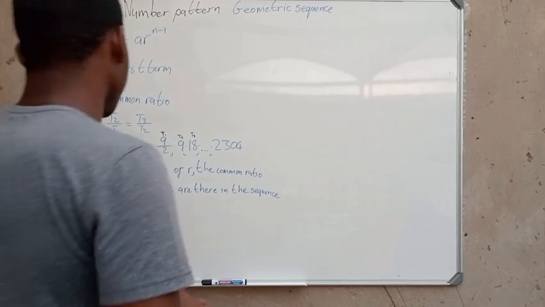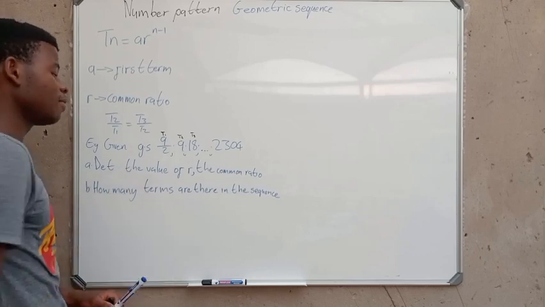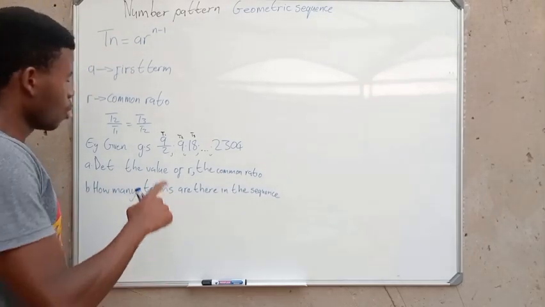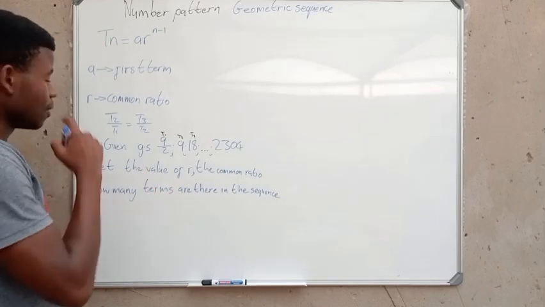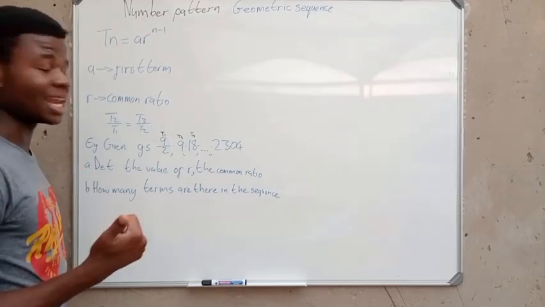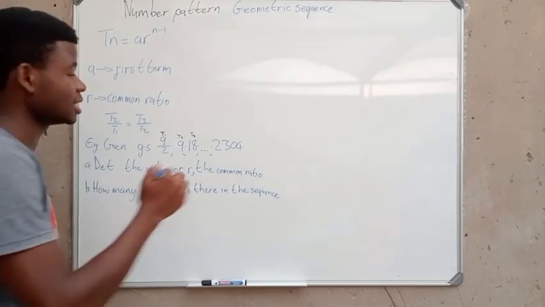Okay, so the first question says: determine the value of R, the common ratio. So they are looking for the R, and we go back to this information right here.